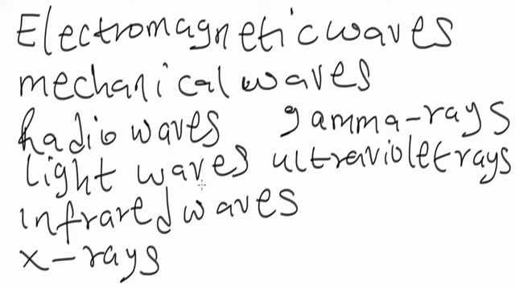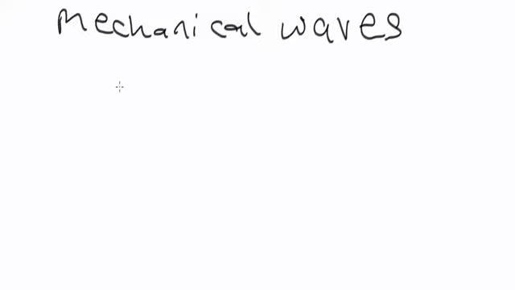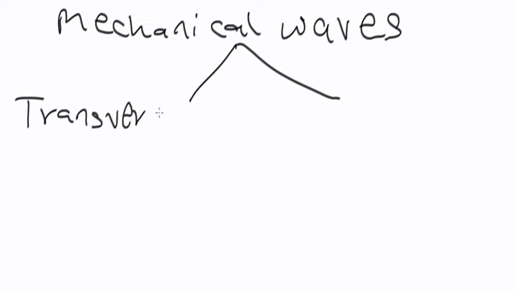Let's wipe this page. Mechanical waves. Now, mechanical waves are types of waves that require a material medium for their propagation or production. And we have two types of it: the transverse wave and the longitudinal wave.